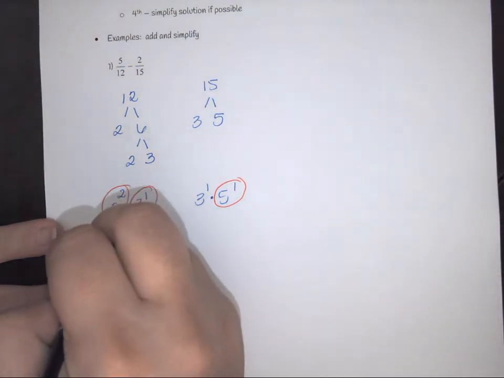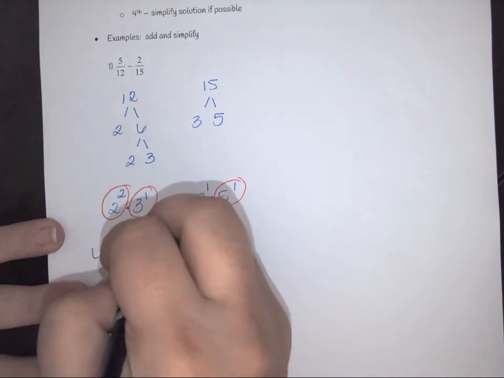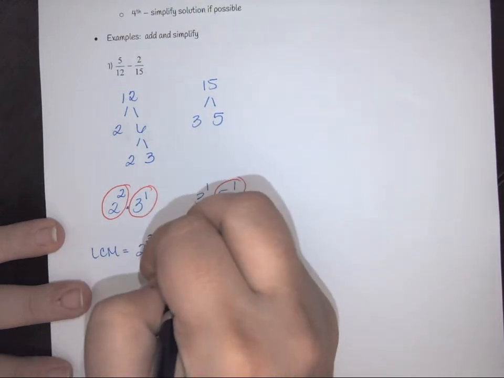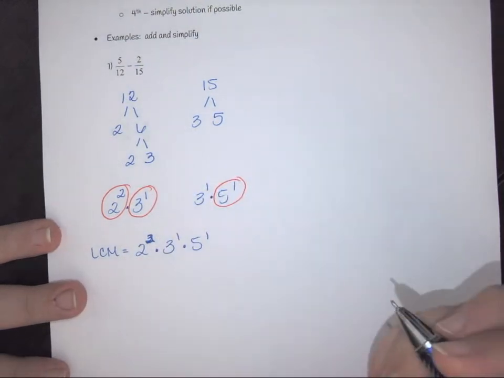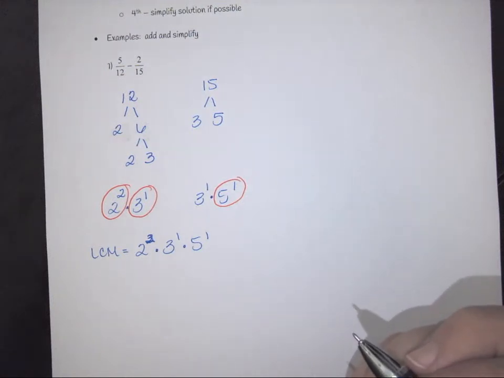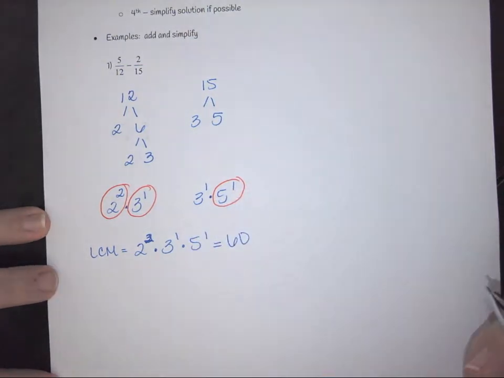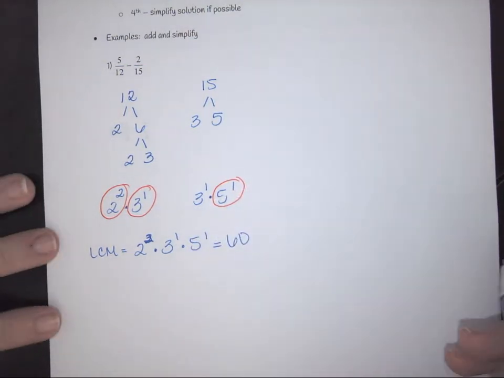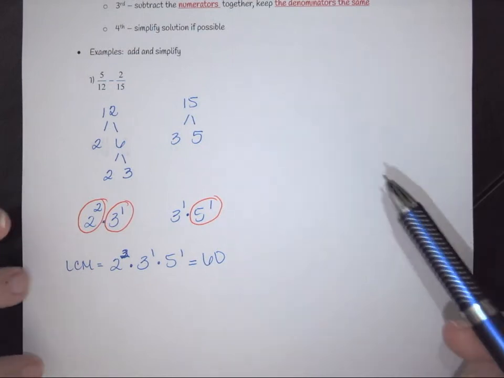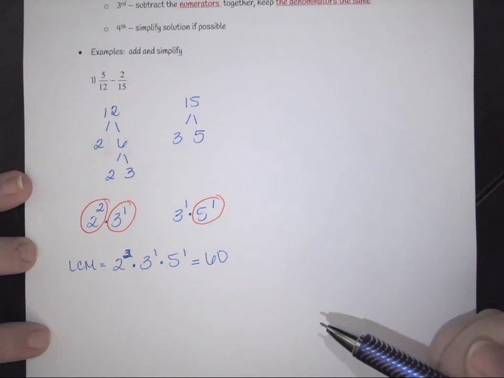So just like before, I have 2 squared, I have 3 to the first, I have 5 to the first. So here my LCM is going to be found by 2 squared times 3 to the first times 5 to the first. So that is going to give us a result of 60. So now I have to look at how do I turn 12 into 60 and how do I turn 15 into 60.